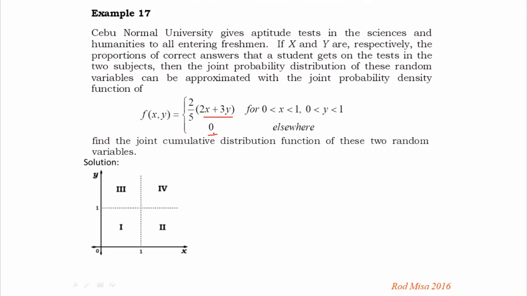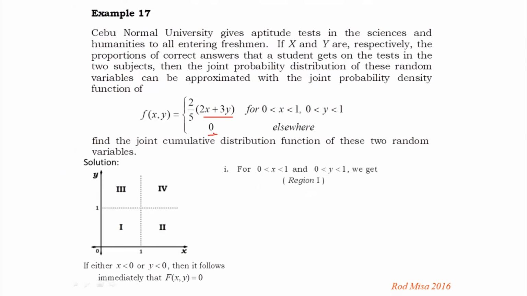However, your region 3 is defined when your x is from 0 to 1, but your y is more than 1, as well as region 4, whose x and y are both more than 1. So, if either x is less than 0 or y is less than 0, then it follows immediately that the cumulative distribution function of these random variables must be 0 here, since it is stated in the joint PDF above that it has a probability of 0 elsewhere.